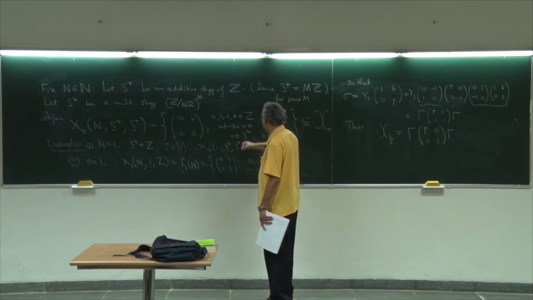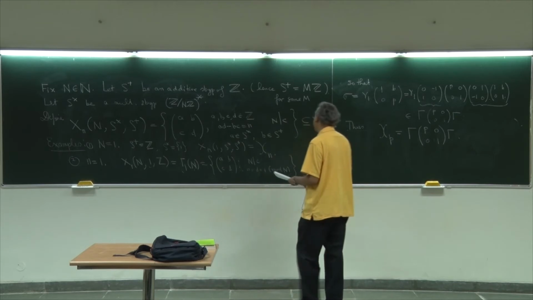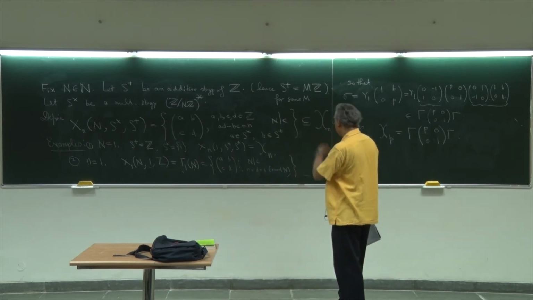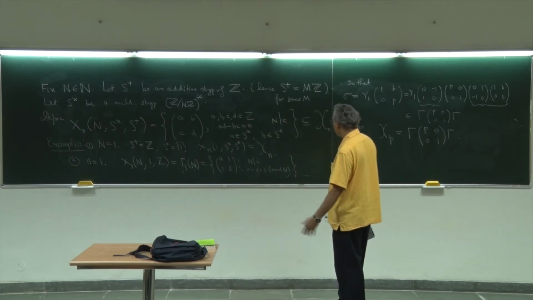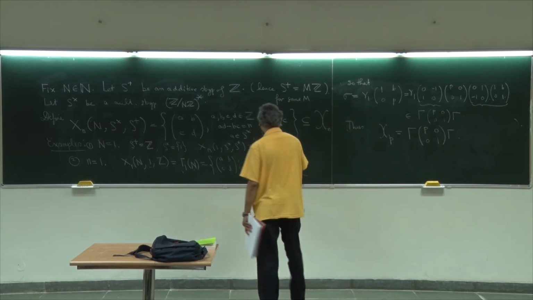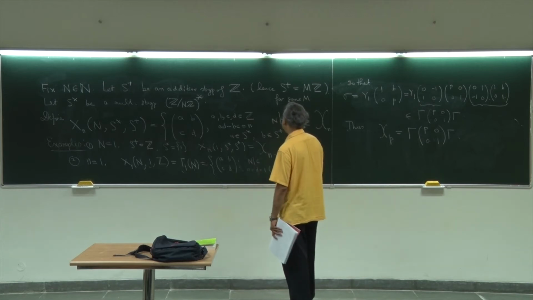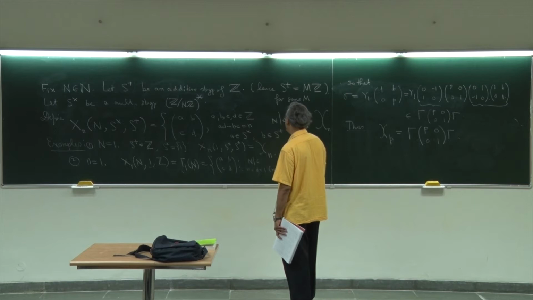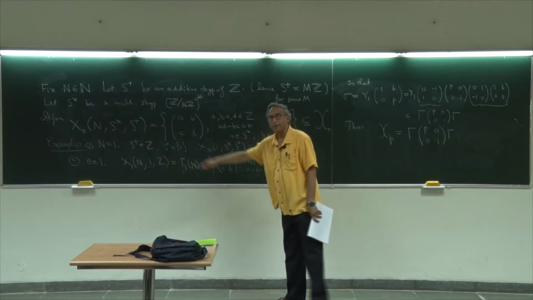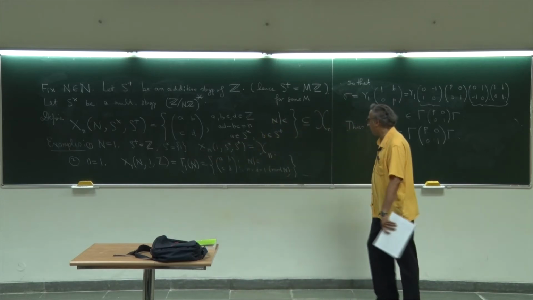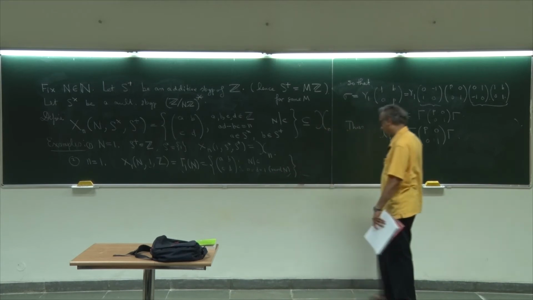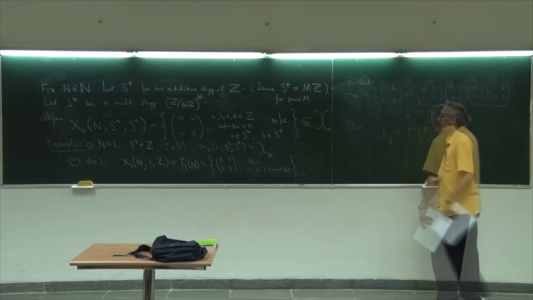A is invertible, so A times D has to be 1 modulo N. I'm just trying to see why D is congruent to 1 mod N. Oh, because A is in S^× and A is already 1. Yeah, that's right. Okay, that's fine. So that's one example.